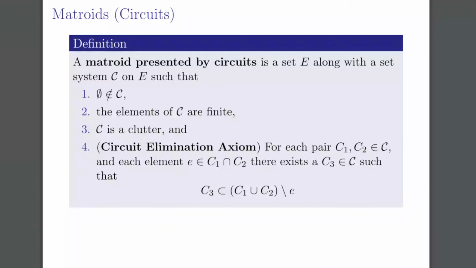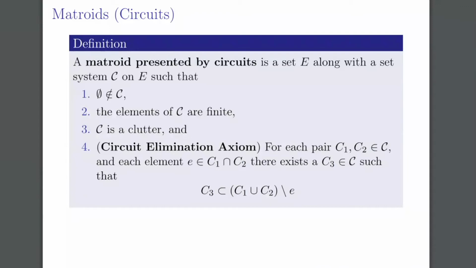The most important thing we're going to need to talk about is matroids, because these are what make tropical ideals stand out from regular ideals in the semiring. The most important way to define a matroid for us, as there are many definitions, is through the circuits of a matroid. A matroid presented by circuits is a set E along with a collection of subsets of E that we're going to call circuits. This script C is the set of circuits.